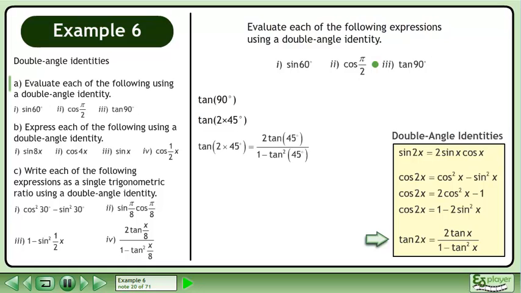Plug in 45 degrees to the right side of the equation. The exact value of tan 45 degrees is 1. This gives us 2 over 0. The answer is tan of 90 degrees equals undefined.